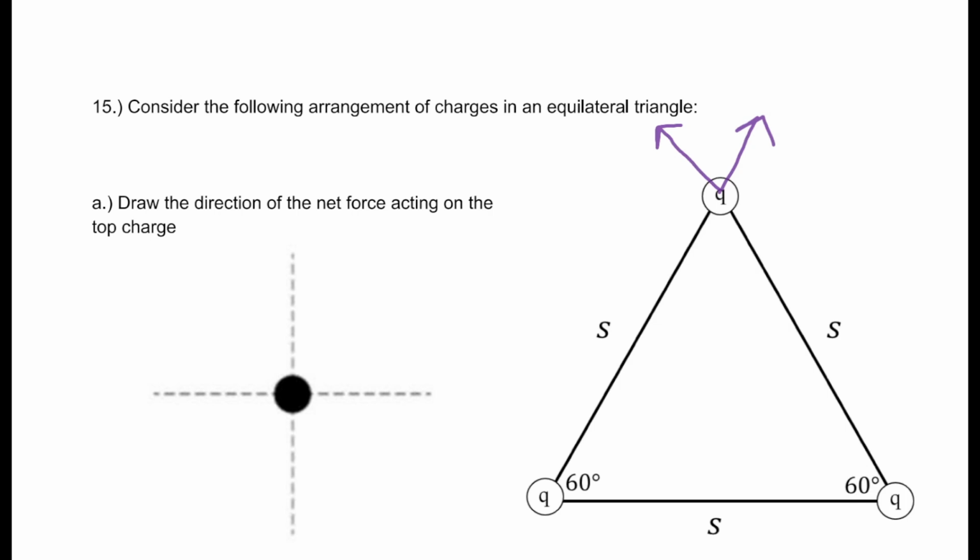And then we could simulate what this looks like tip to tail, because we could draw this picture, and we see that we would get a vertical net force, because the left and right components exactly cancel. I know my picture didn't really show it the best.